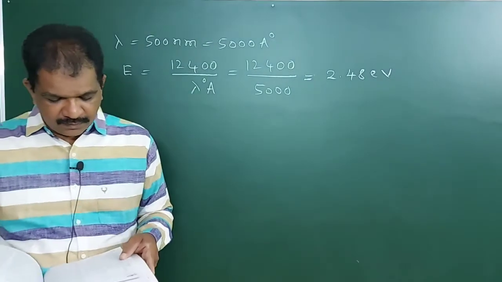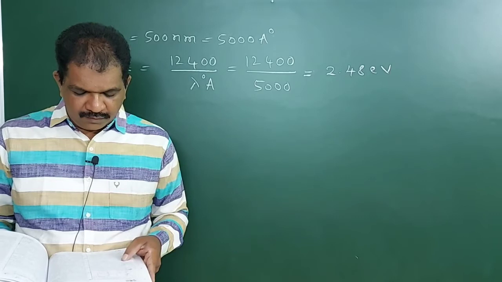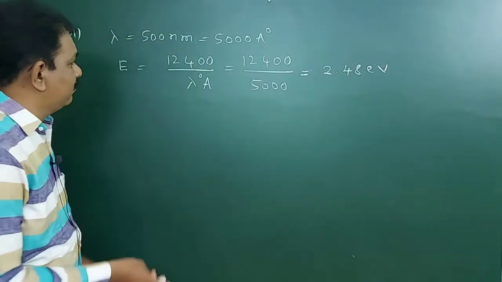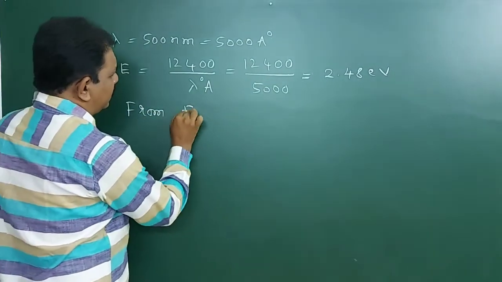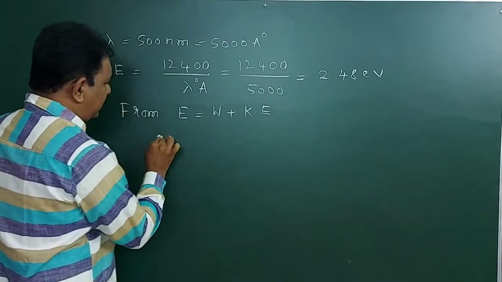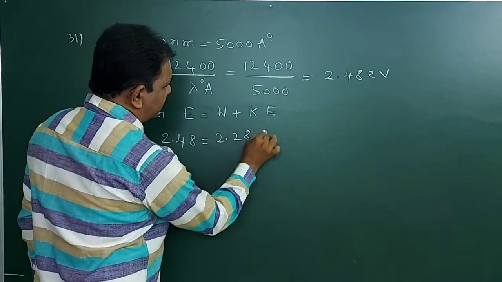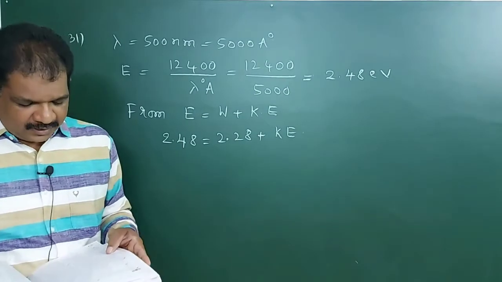Find the wavelength of the emitted electrons. We will find Ke. So for Einstein's photoelectric equation, E is equal to W plus Ke. This will be 2.48. Work function they gave 2.28 plus Ke.